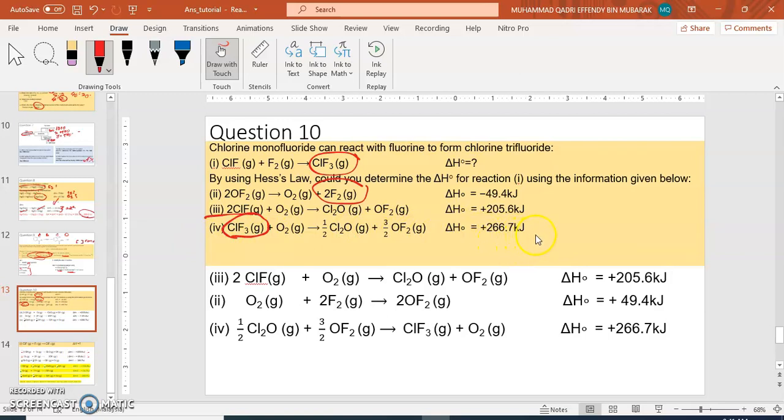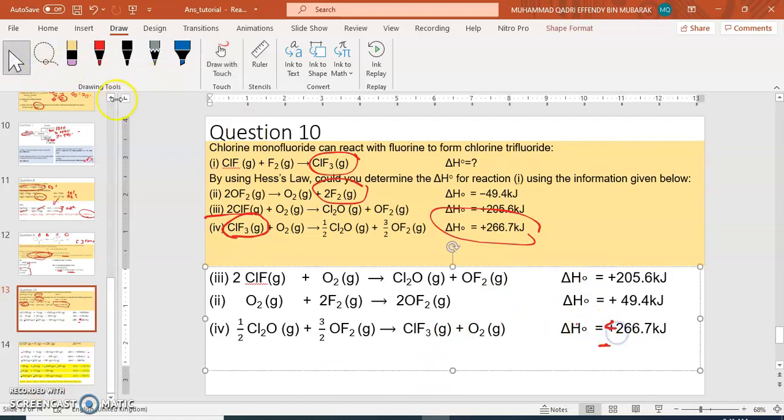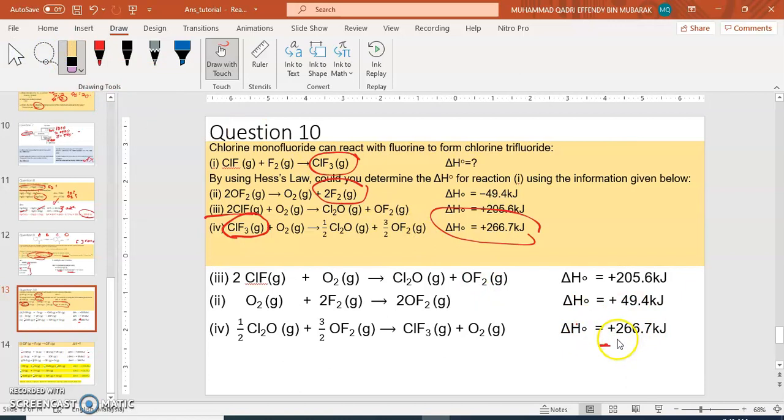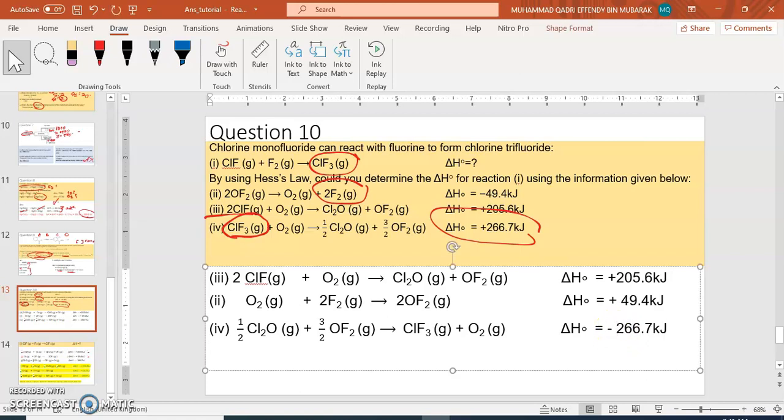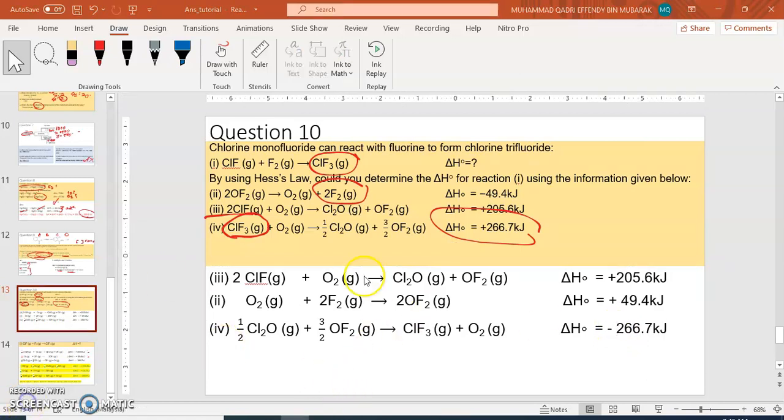So here we need to change the sign to negative, from positive to negative. So this is the first step that we need to do.